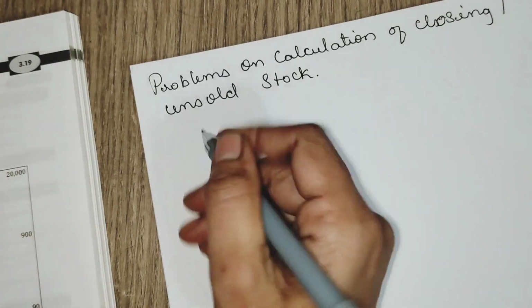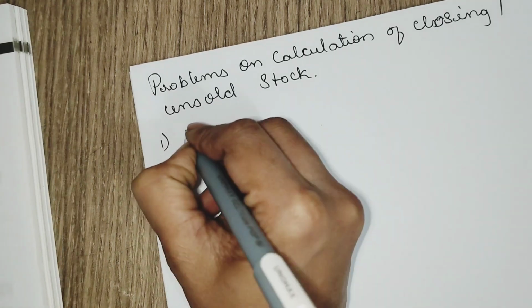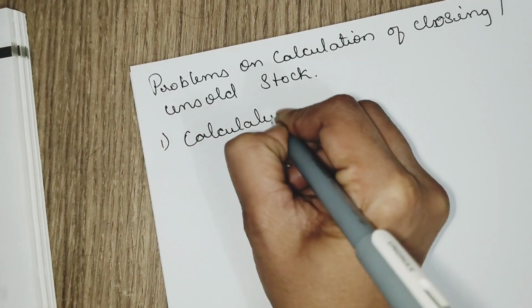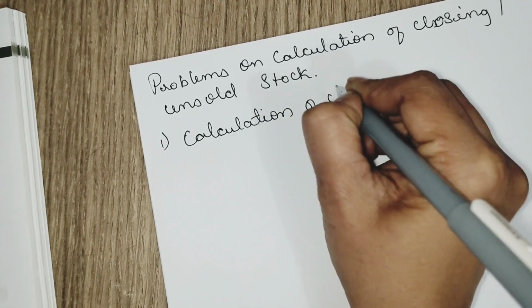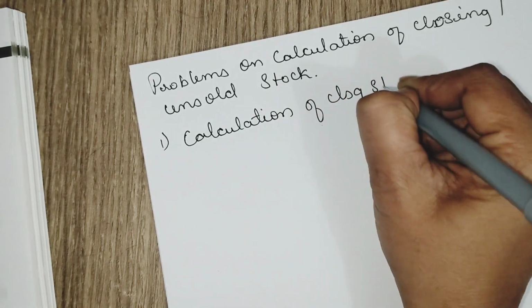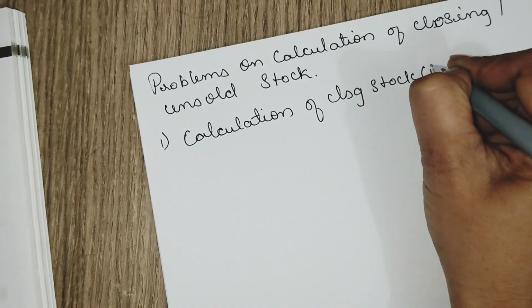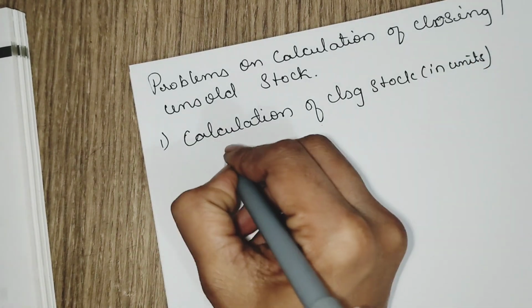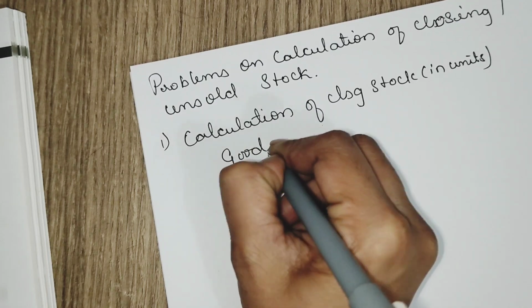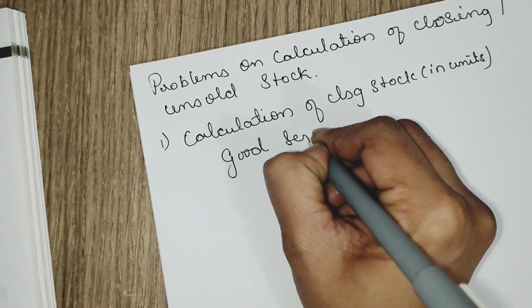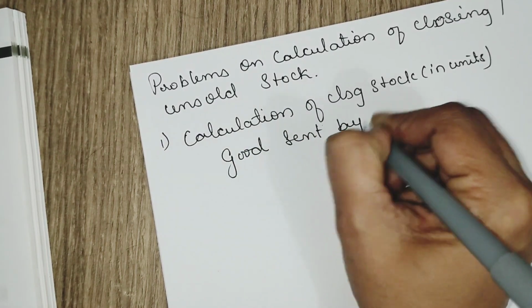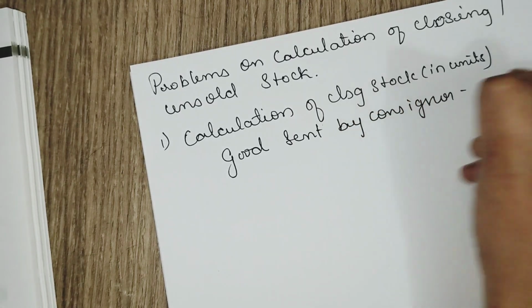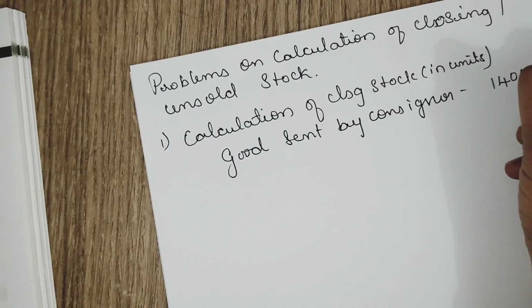Let us calculate. The first step is to calculate closing stock in units. First, we take the total goods sent by the consigner, total 140 cases.